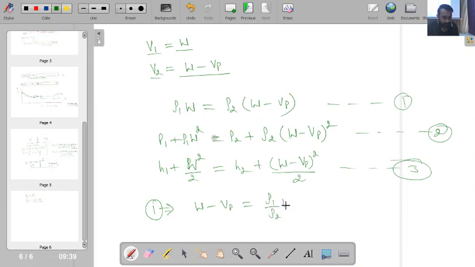Now from equation number 1, W minus Vp is equal to rho 1 by rho 2 into W. Let's substitute this replacement in equation number 2.